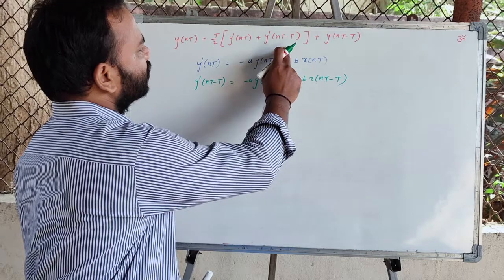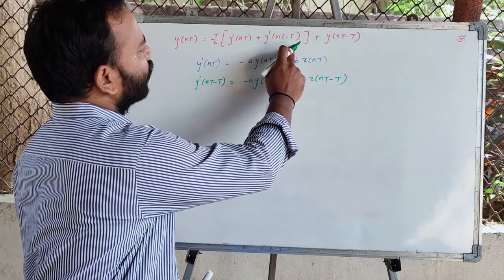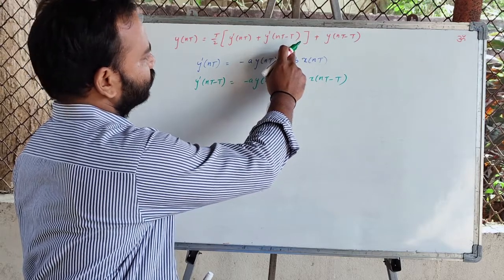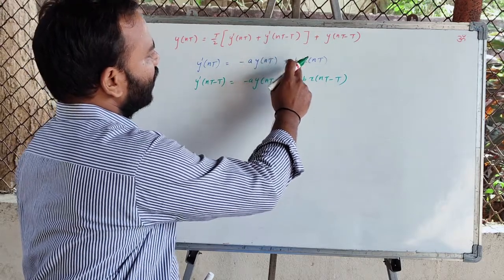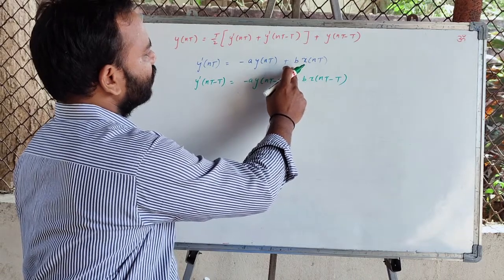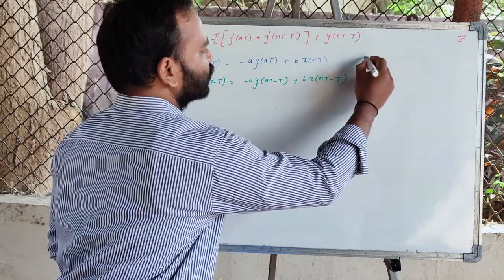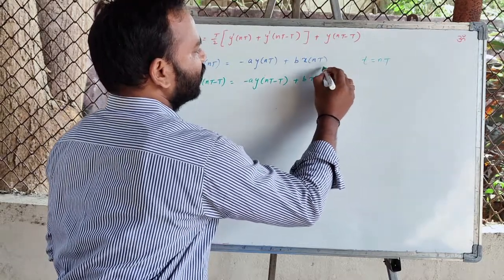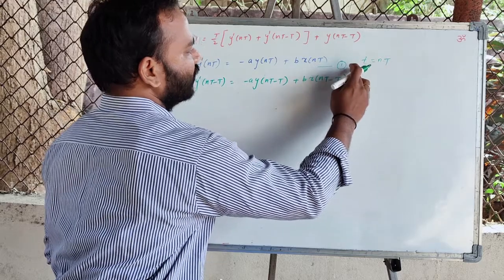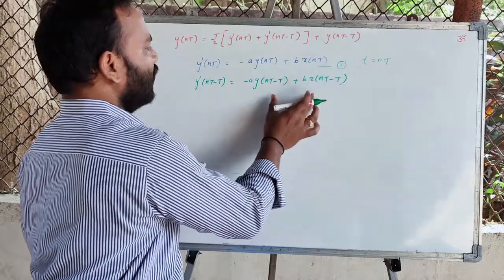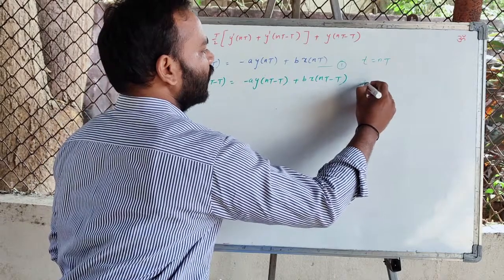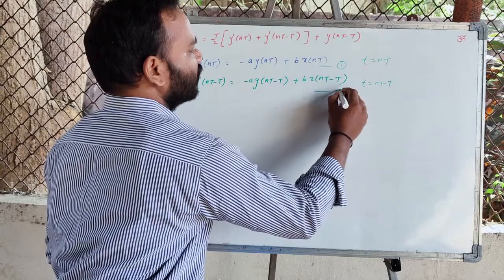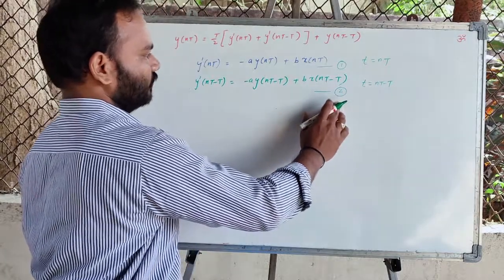This equation is the trapezoidal approximation of the integration of the derivative, and this equation we have obtained by substituting t is equal to nT in the first order differential equation, that is equation 1, and this we have obtained the value at t is equal to nT minus T in the same first order differential equation.